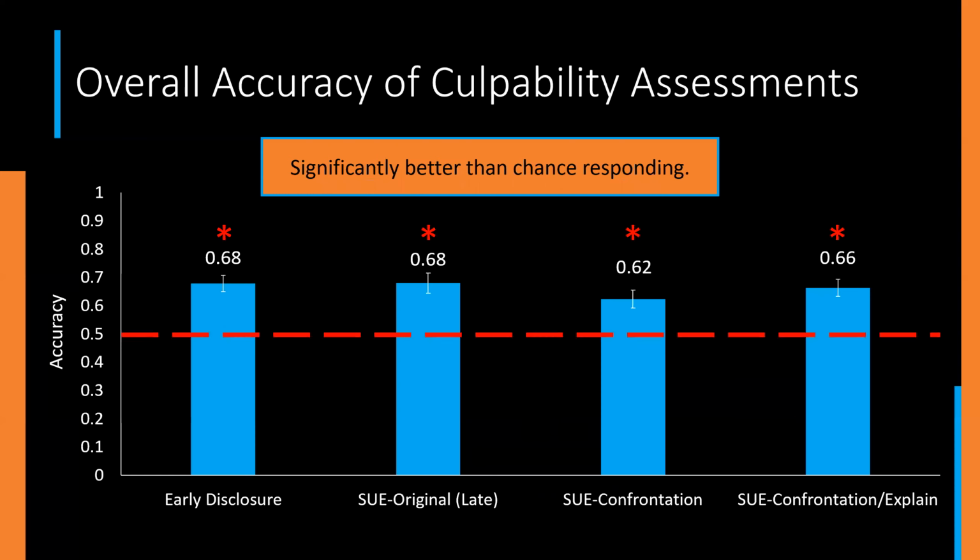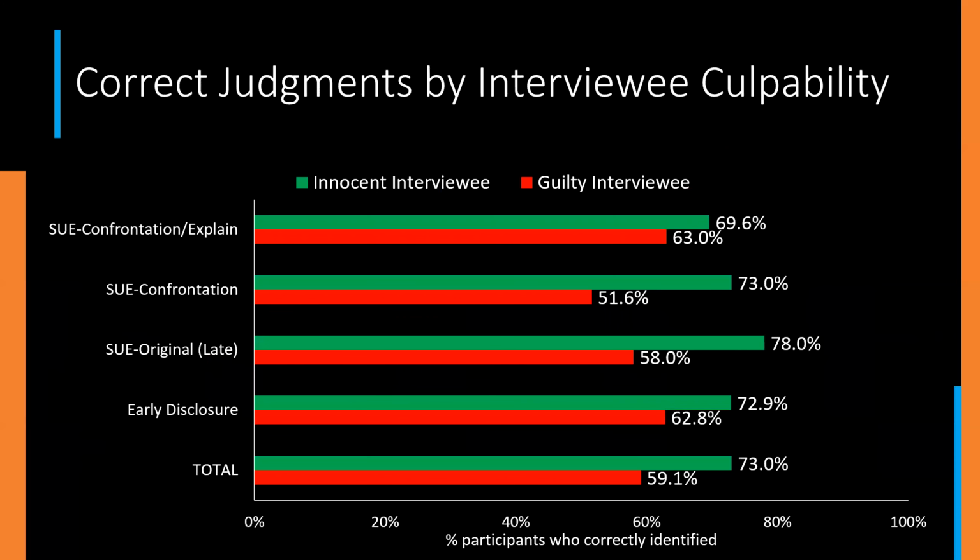That being said, our participants were pretty good at accurately identifying culpability. Across all evidence presentation conditions, our participants were significantly better than chance responding. Additionally, evidence presentation method did not significantly predict correct identifications of guilty interviewees, nor did it significantly predict correct identification of innocent interviewees.